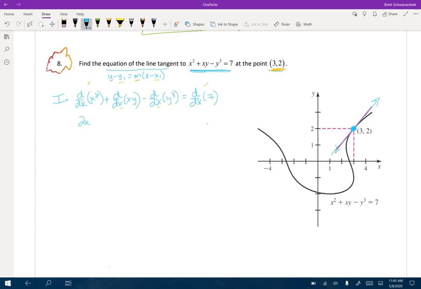A product, which means, unfortunately, we have to use the product rule just for this. So remember, the product rule is derivative of our first piece times our original second piece plus original first function or piece times the derivative of our second. Okay, so that is just for this right there.